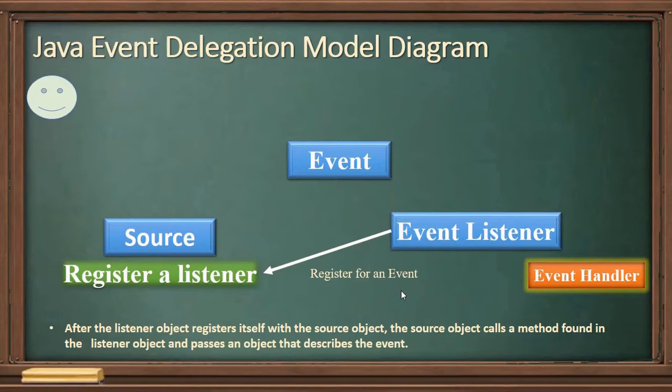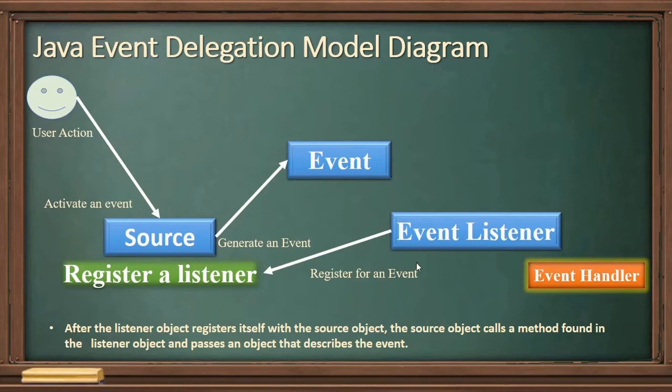When a user interacts with the source component, either by clicking or selecting or doing some action, events get generated. This event will be notified to the event listener.